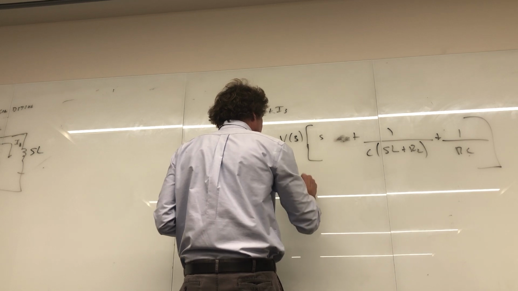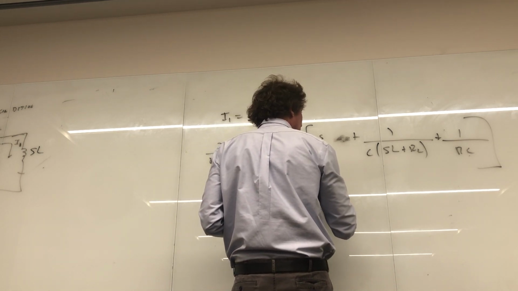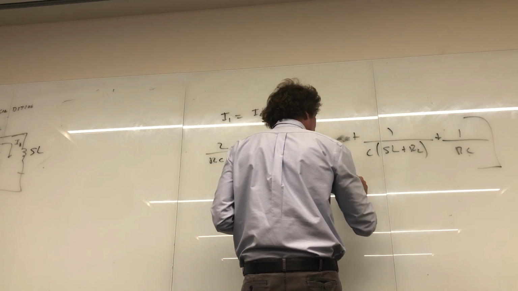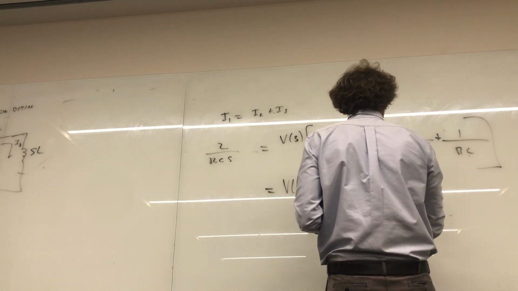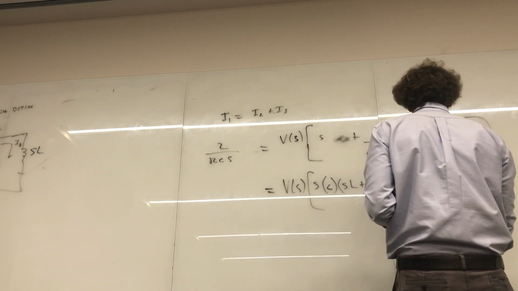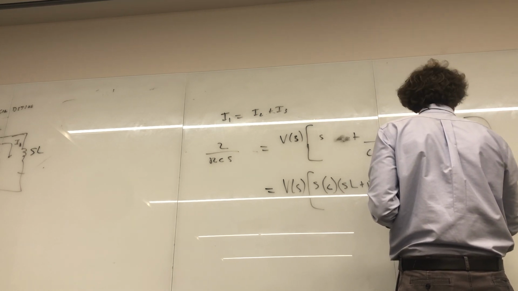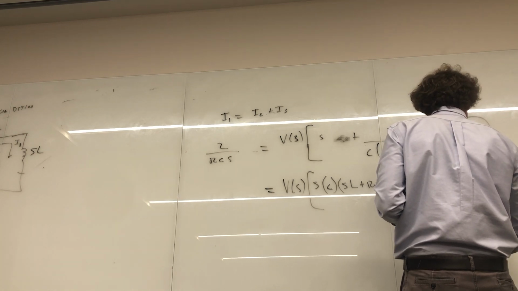I'm going to have V of S. Now I'm going to have S times the quantity C times SL plus R2. Then I'm going to have plus 1 over C. Then I'm going to have plus C times SL plus R2 over RC.